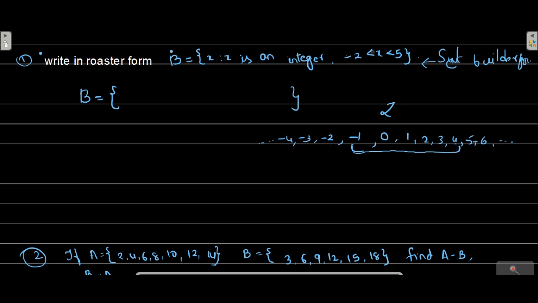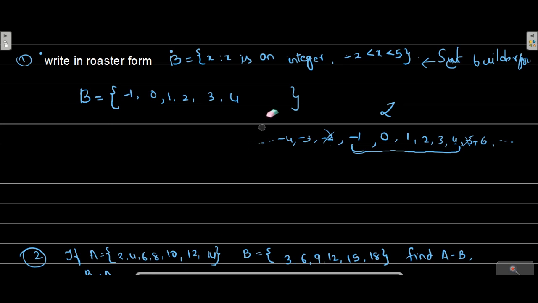Because here the symbol that is given is less than. -2 is less than, which means -2 is not included, and 5 is less than 5 means 5 is also not included. If at all it was less than or equal to, then we would have included. So how will we write? We will write the values -1, 0 separated by commas, 1, 2, 3 and 4.